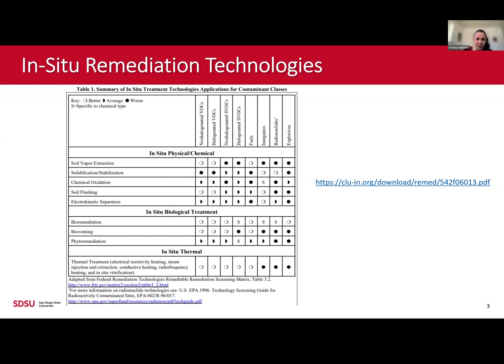If it's a halfway filled in dot, it's an average option. And then if it's a completely empty dot, so a circle, that is indicating that that's the better option for that. And then, of course, there's S's on here. These indicate that it's specific to those particular contaminants. So you have to look at which contaminant it is and what chemical type it is to see whether that's going to be effective or not.